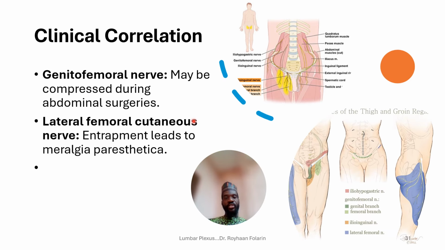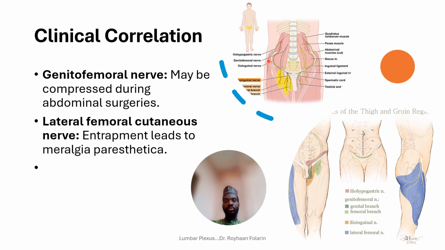This is an additional slide that shows the pathway of each nerve, and you pay particular attention to the relationship of all these nerves, the psoas muscle and the inguinal ligament. This relationship is very crucial for understanding nerve entrapment syndrome. For example, the lateral femoral cutaneous nerve passes under the inguinal ligament.